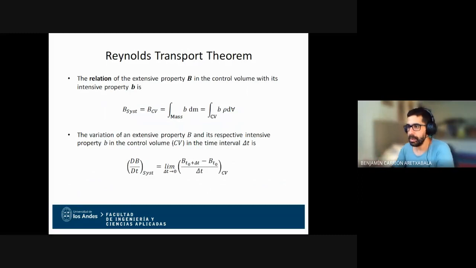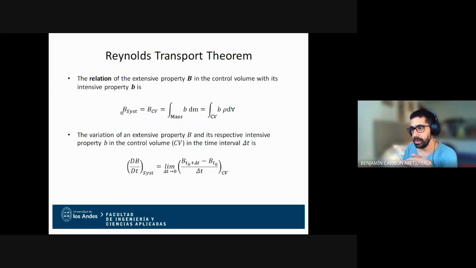The idea is the following: if you have a control volume, the total amount of whatever property is within the volume, big B, is going to be just the integral of little b over the mass. And since we're talking about fluids, this integral just becomes the integral of b times rho over the volume of your control volume.